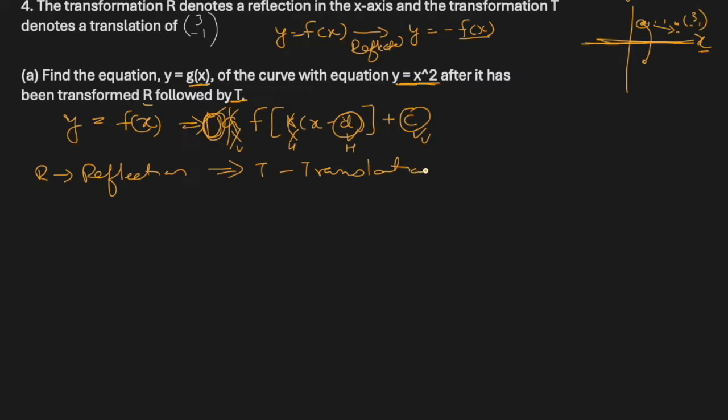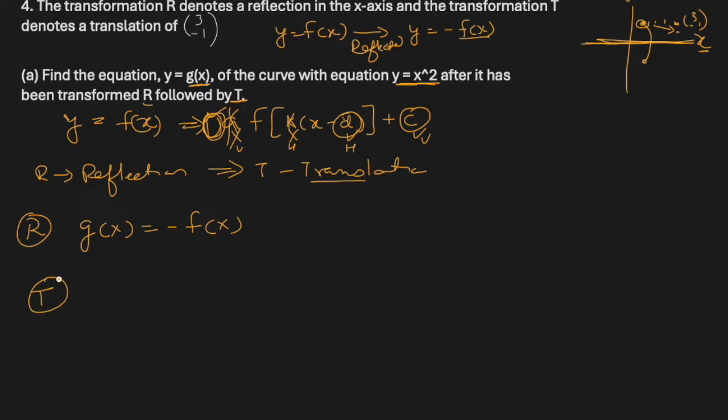And normally the transformations take place in this sequence only. First the stretch or compression or reflection takes place, and then translation takes place. So R and T is no big deal, we can do it easily. So first we have to reflect. So y equal to minus f(x), rather since they are saying it is g(x), I will write g(x). g(x) is equal to minus f(x) after the reflection R has been done.